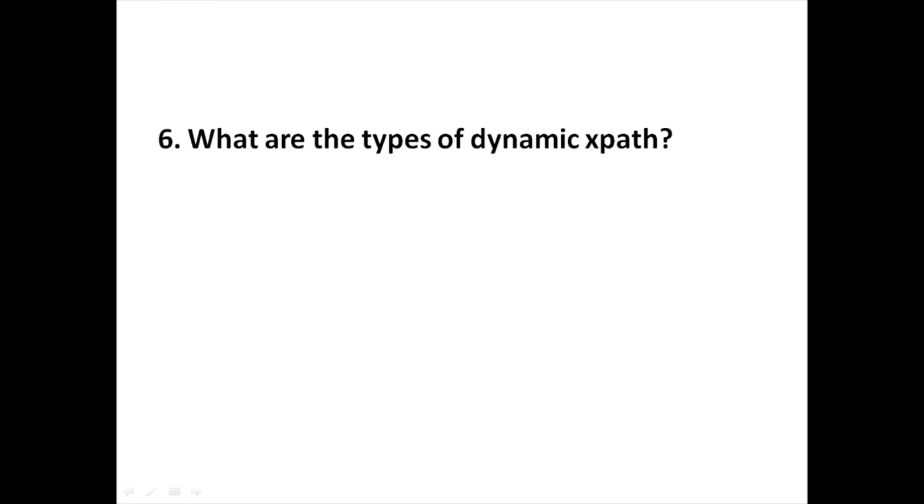Then, what are the types of dynamic xpath? Here I told her we can have different axes, or we can have the contains method, text method. In that way we can handle dynamic xpath also.